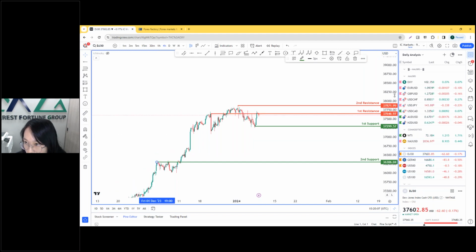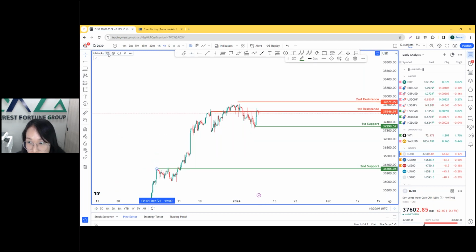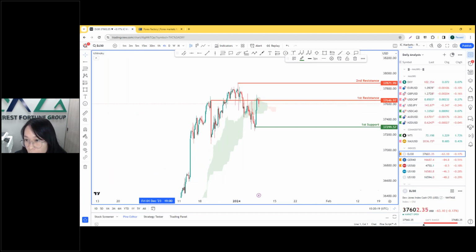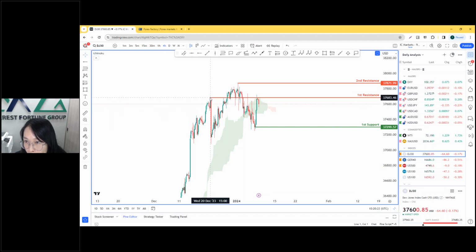It'll be somewhere around here. So DJ is also bullish, moving up. It's actually in the Ichimoku cloud, but it looks like price is reversing off, breaking the resistance level here, and moving down towards the first support.